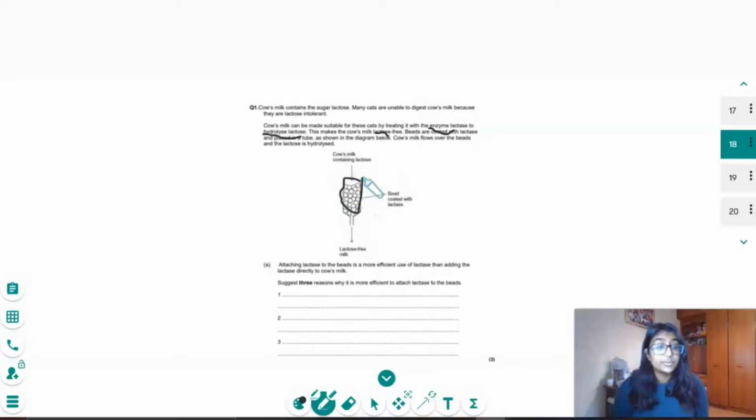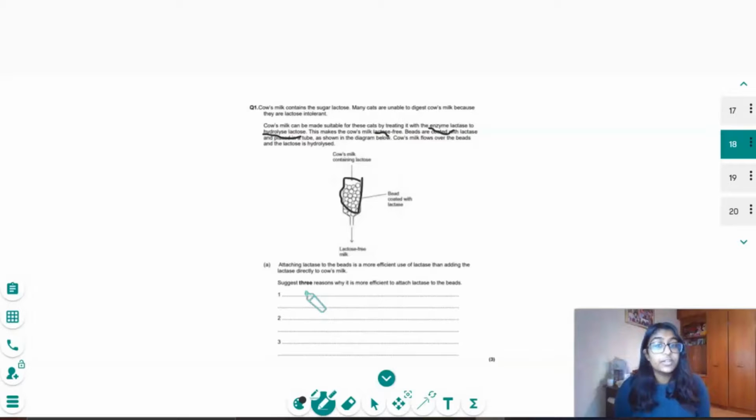So as we mentioned before, lactose is made up of glucose and galactose. Attaching lactase to the beads is a more efficient use of lactase than adding the lactase directly to cow's milk. And now we need to look at three reasons why it's more efficient to attach lactase to the beads.